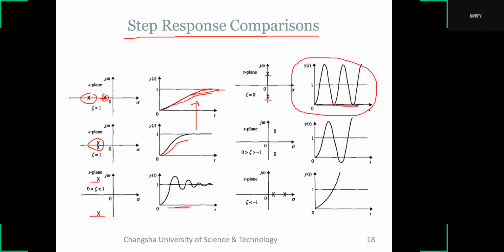If the poles are in the plus half plane, the system is not stable. If the poles are on the plus axis, the response curve is like this. This system is not stable.